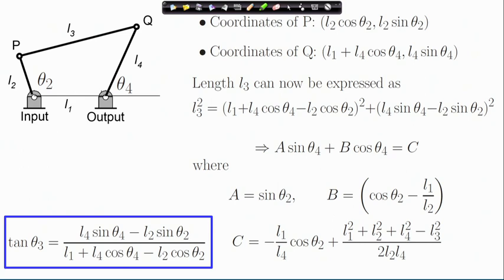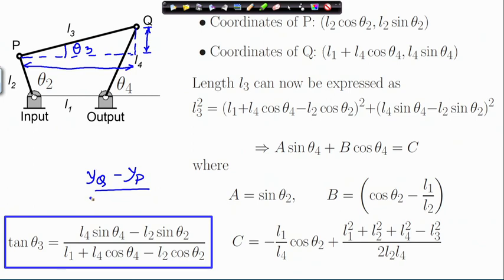By the way, you can relate theta 3 as tangent theta 3. So, you can see this. This is theta 3. So, tangent of theta 3 is this distance divided by this distance, which is yq minus yp by xq minus xp.